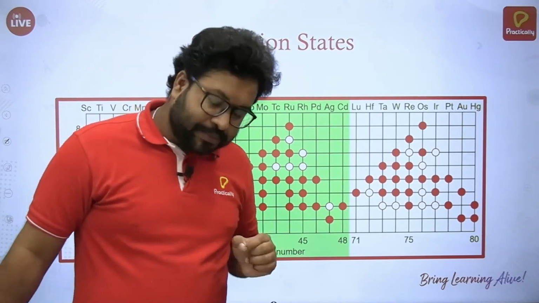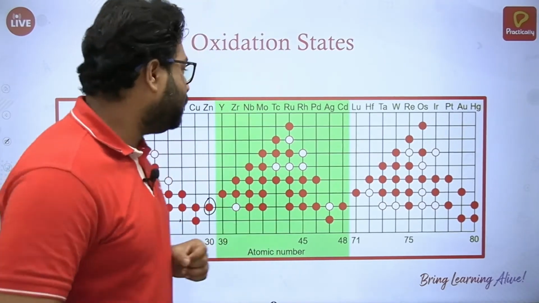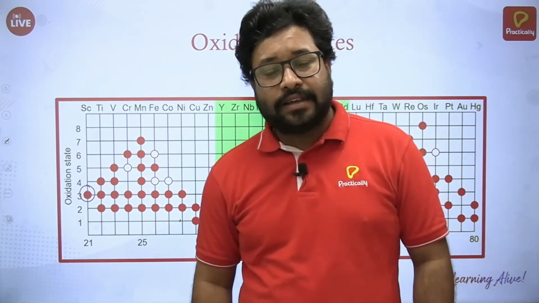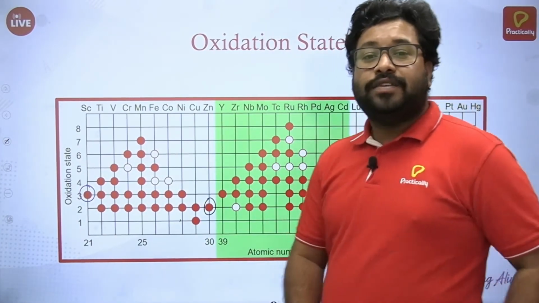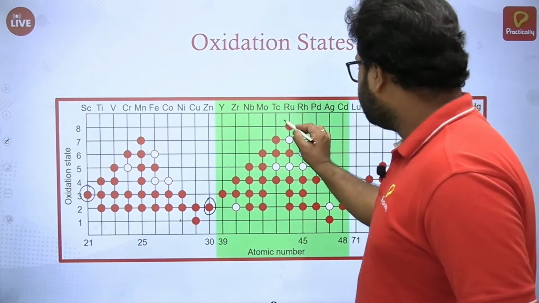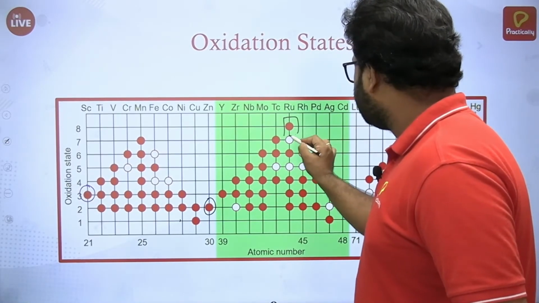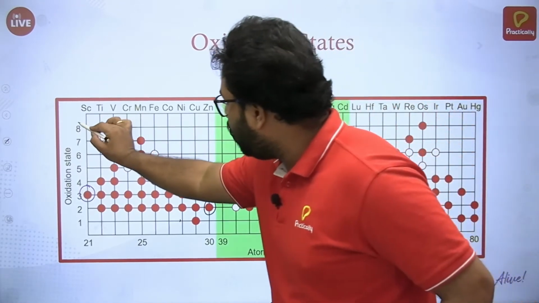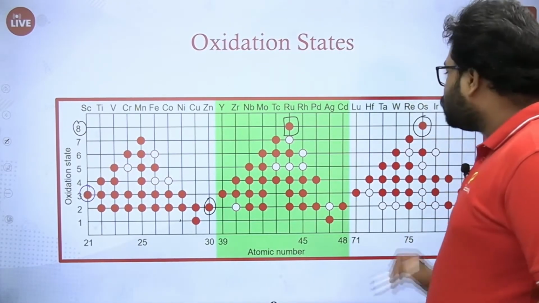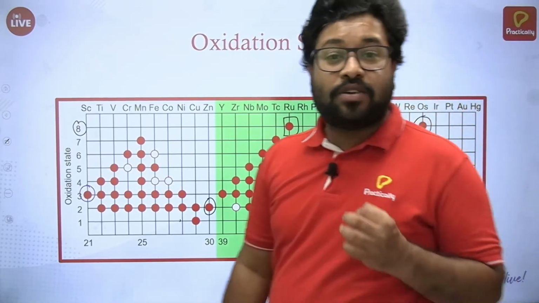But there's one more thing you need to observe here: which element shows the highest oxidation state? Look here. Ruthenium shows the highest oxidation state of +8. Similarly, osmium also shows the highest oxidation state of +8.